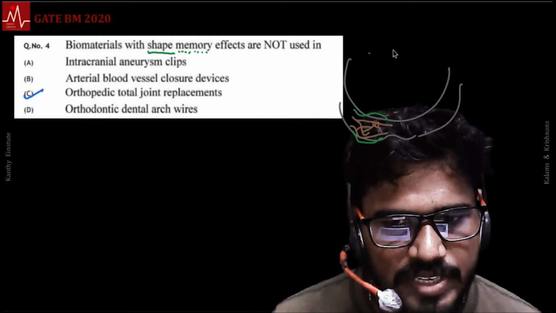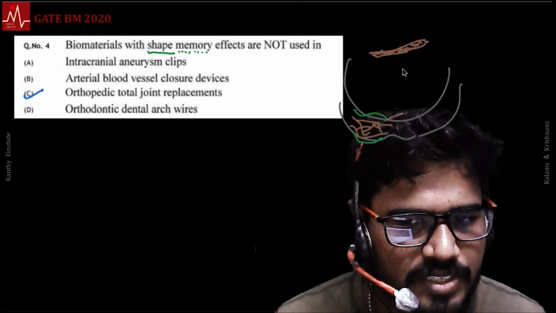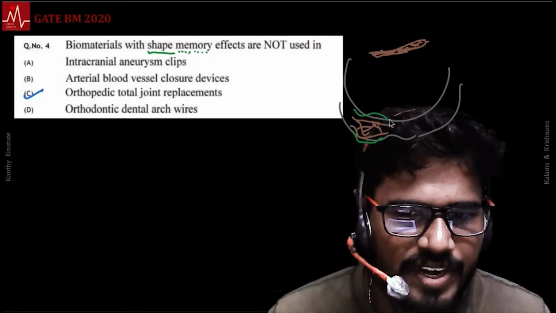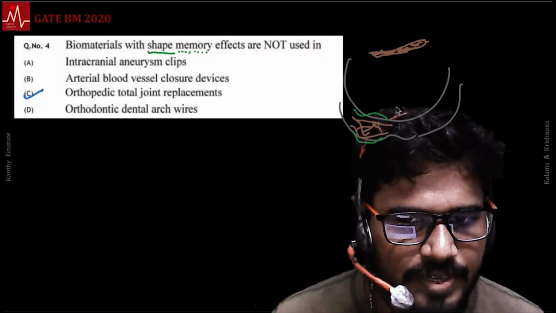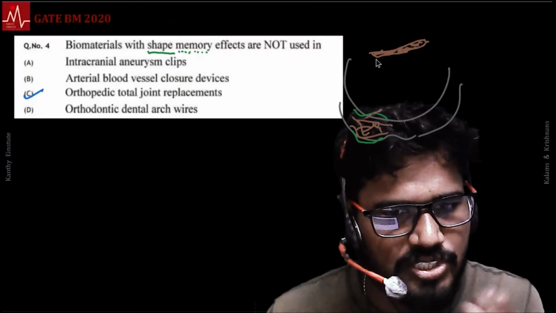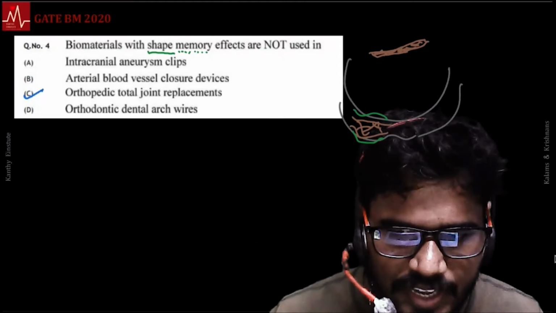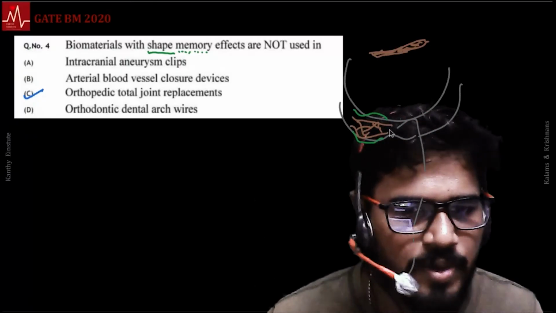The stent is in compressed form so that it can be taken through blood vessels, typically most arteries. Be it a stent or an aneurysm clip, it's in a very, very compressed shape so that you can take it to the place of interest through a minimally invasive approach.